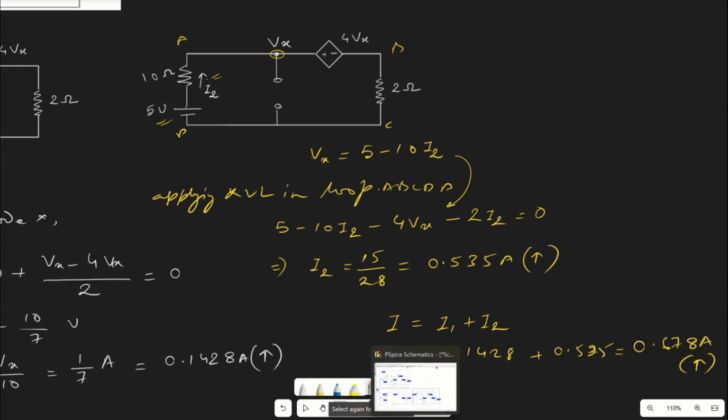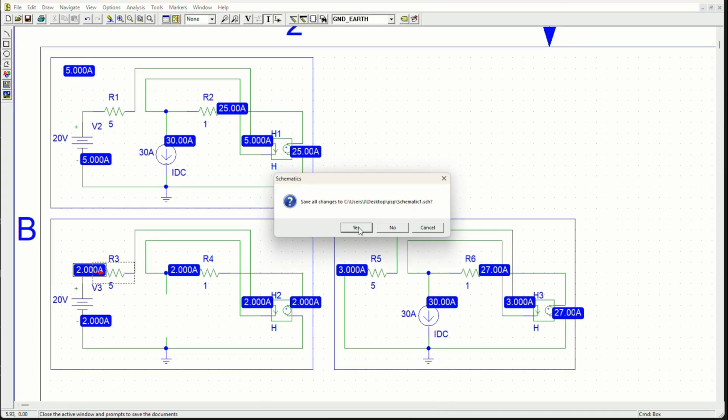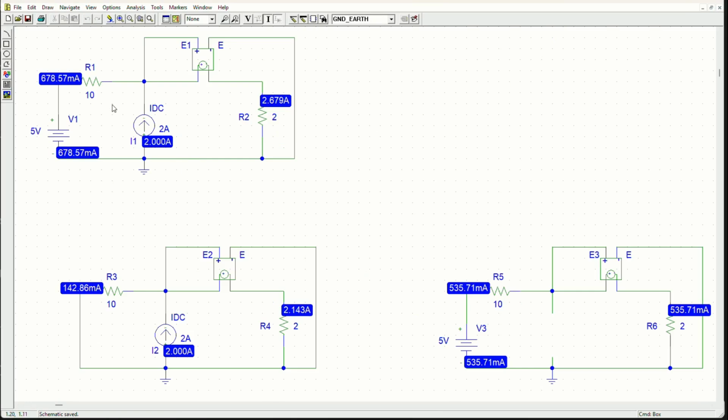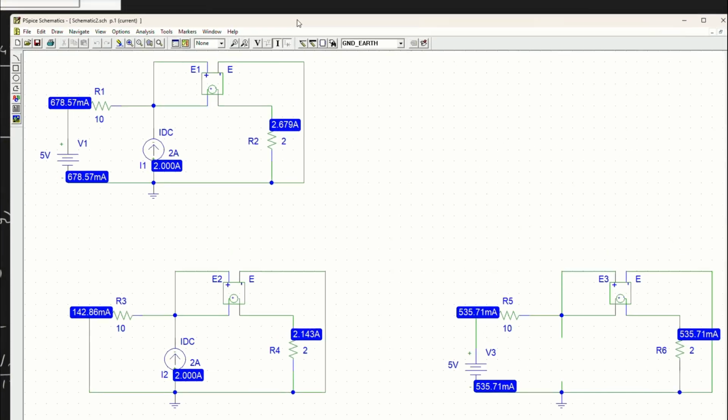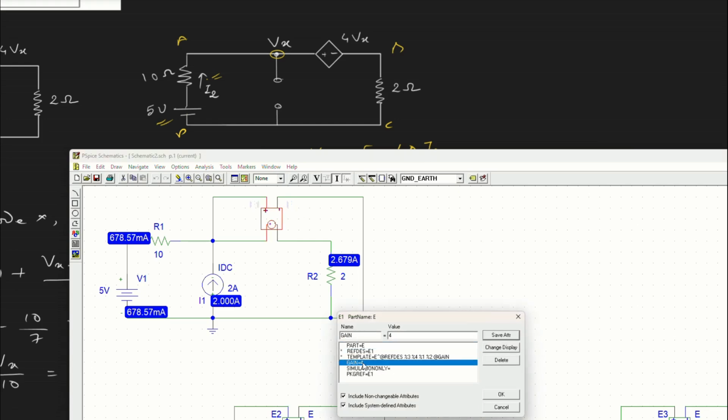So let us see what is there in the simulation. This is the same circuit that we have drawn here. As you can see, 10 ampere, 10 ohm, 5 volt, 2 ampere. Then we have this dependent source, which is dependent on voltage, and we can see the multiplier is 4.